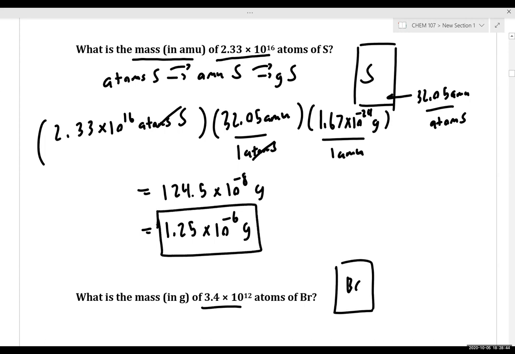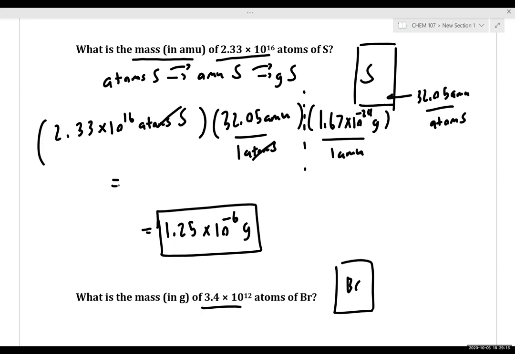Does this example make sense? Why this time is mass in AMU, not in gram? Ah, yes. Let me show the mass in AMUs just to start off. If we wanted to calculate just the mass in AMUs, then we'd stop after the first step. But your question is asked what's the mass in AMU, not in gram.